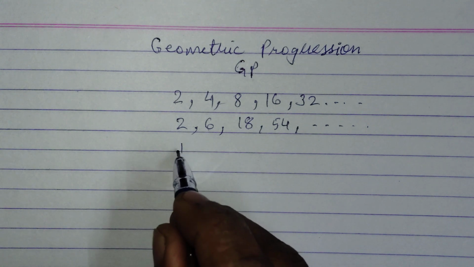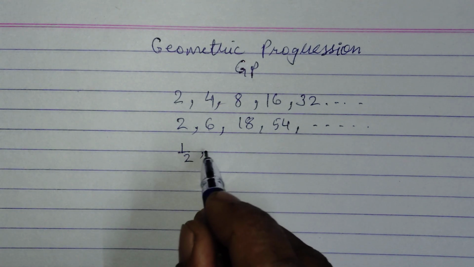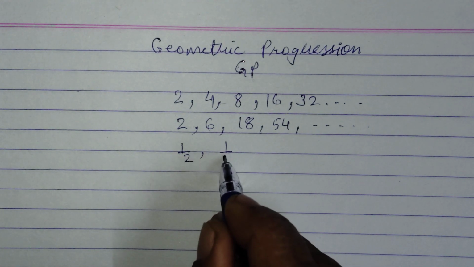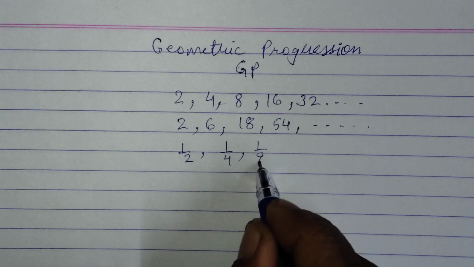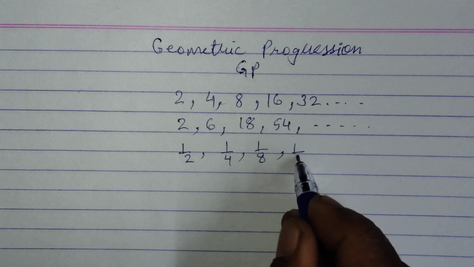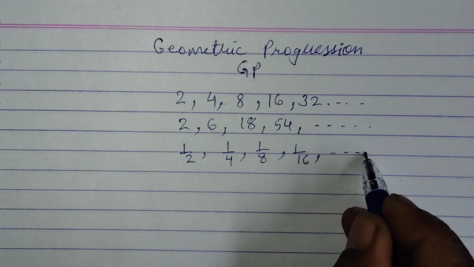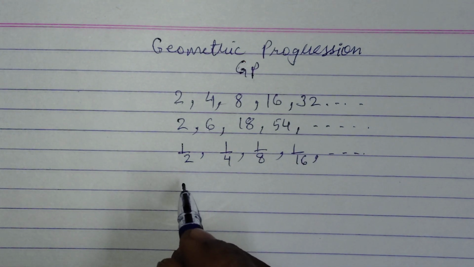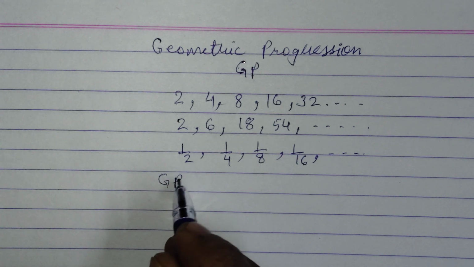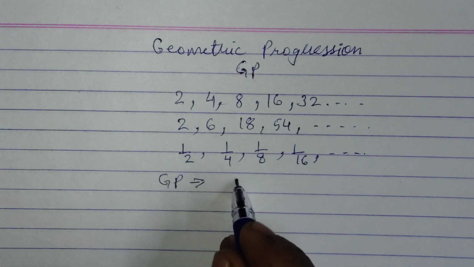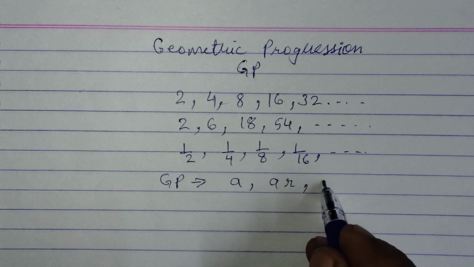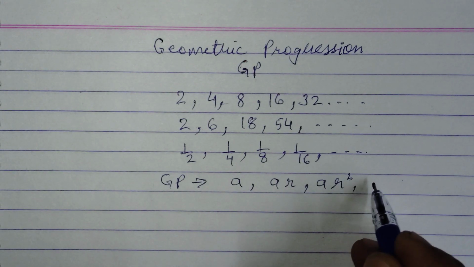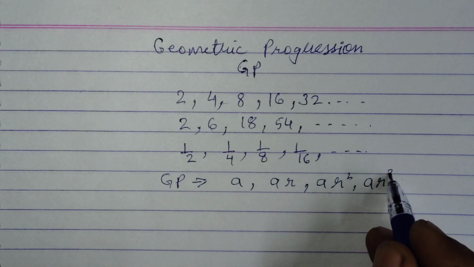And one more example, 1 by 2, multiply by 1 by 2, we get 1 by 4, multiply by 1 by 2 again, we get 1 by 8, multiply by 1 by 2, we get 1 by 16. This type of series is called GP series. Therefore, the GP series general formula is, first term we write with A, second term is AR, third term is AR square, fourth term is AR cube.